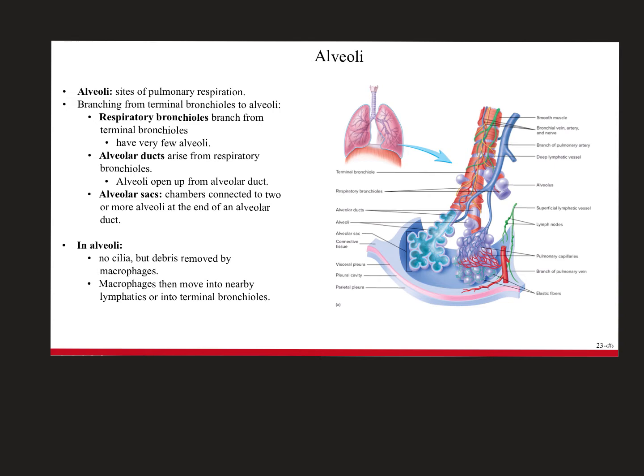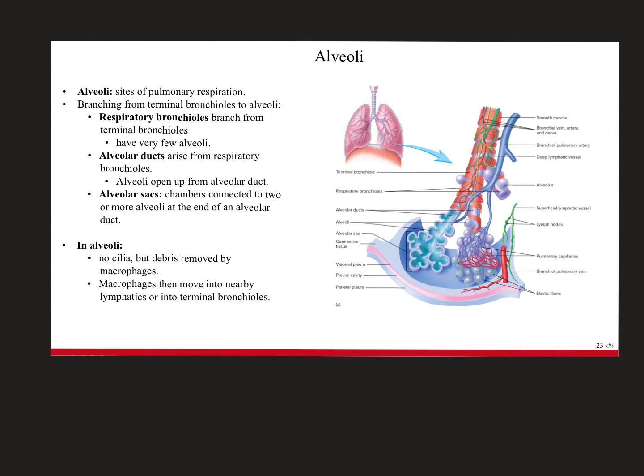There are not many, but there are some, which is why we include it in the respiratory zone and not in the conducting zone. Okay, the alveolar ducts are branches off of the respiratory bronchioles, and each alveolus opens up from an alveolar duct.